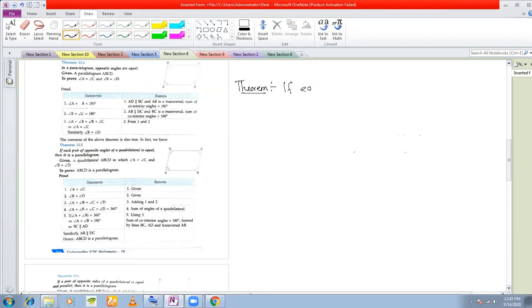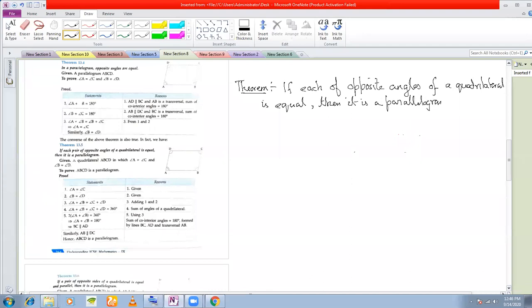Just the converse of the last theorem: if each pair of opposite angles of a quadrilateral is equal, then it is a parallelogram. Again, the proof is quite simple here.